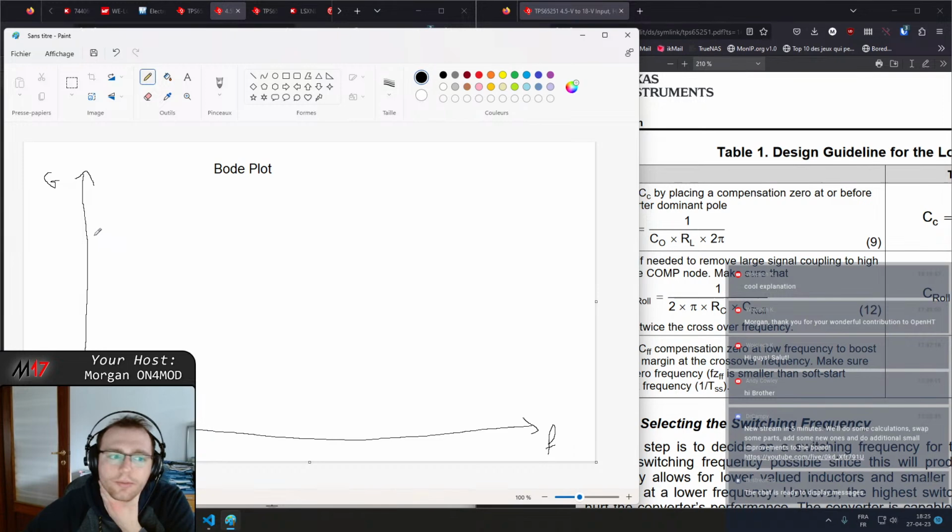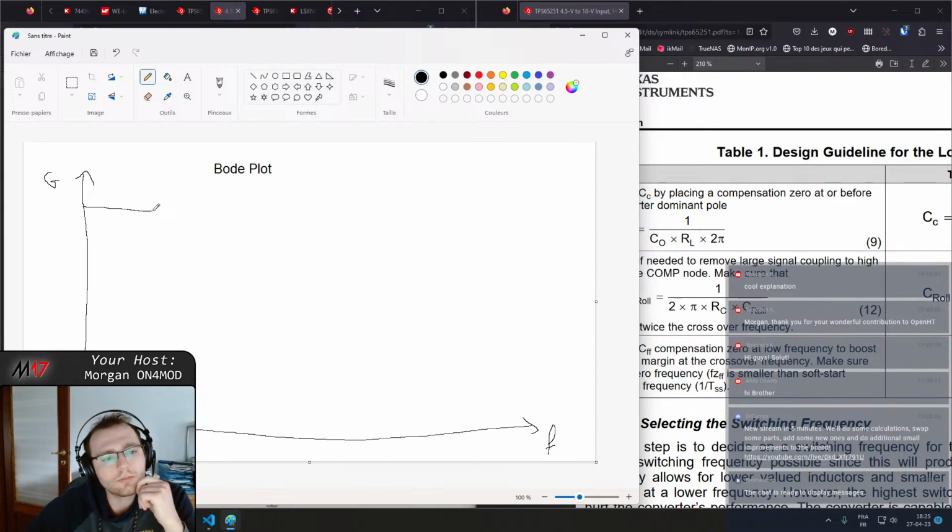So if we have an error at a low frequency, basically it's the error at the output that you read with your multimeter. If you see that you ask for 3.3 and you are at 3, then there is 0.3 volt error at low frequency. So we want that correction to be as large as possible. So we want the output to be precise.